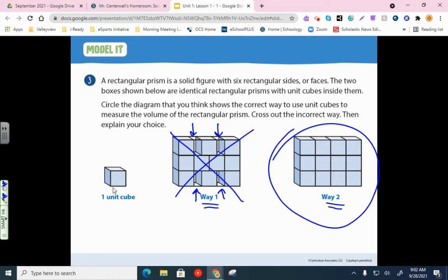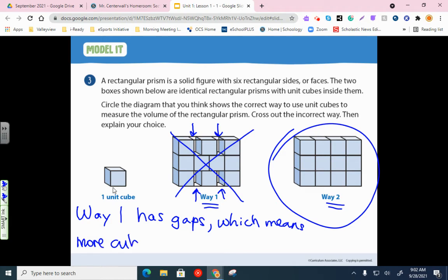So we explain our choice. Way 1 has gaps. Again, please write this in your books if you're listening from home. Way 1 has gaps, which means more cubes fit in way 2.